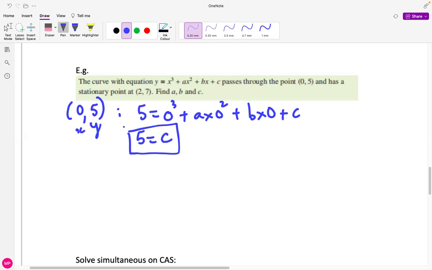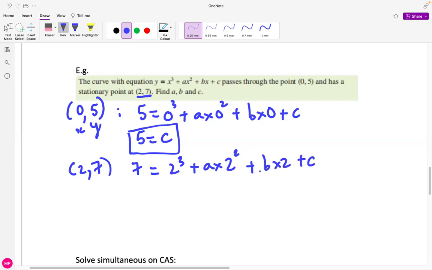Now, doing the same thing for (2, 7). If you have 7 equals 2 cubed plus a times 2 squared plus b times 2 plus c, and I know c equals 5, so I just replace the c value with 5.